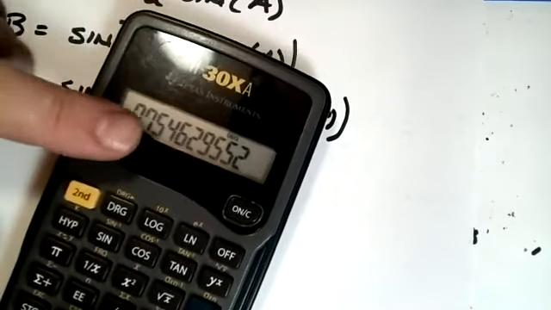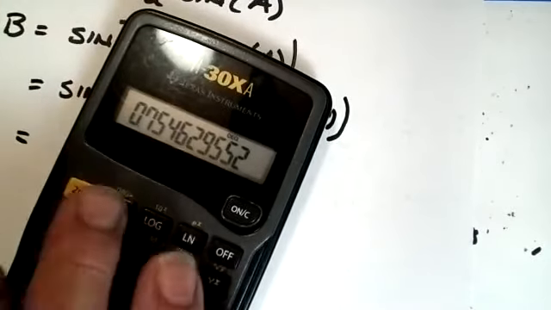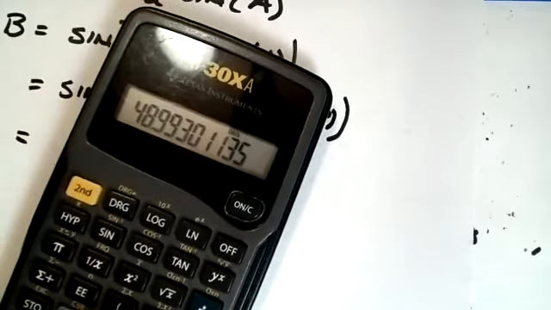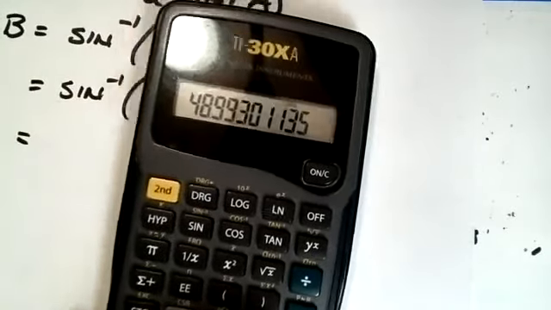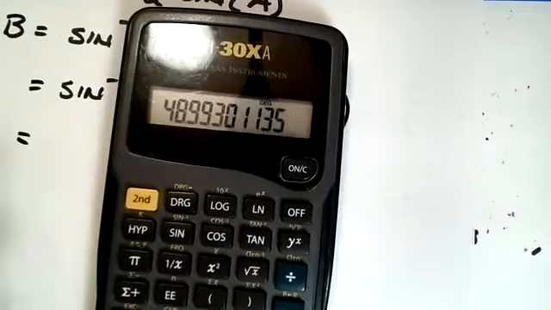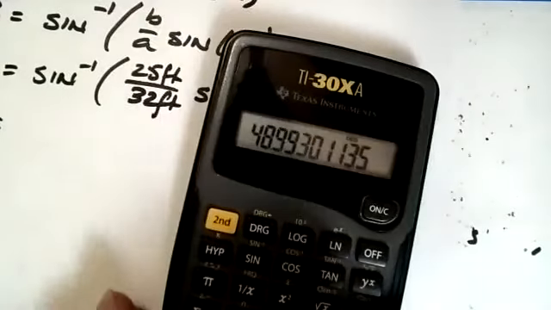Notice it's a number that's less than 1, but positive. And so when I take the inverse sine, I'm going to get an angle that's pretty close to 49 degrees. But remember, I am going to have to use all of that.